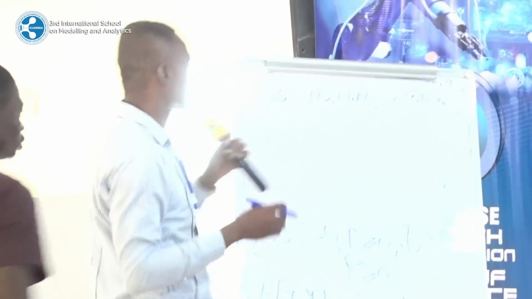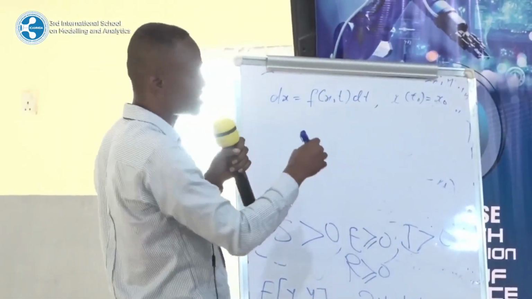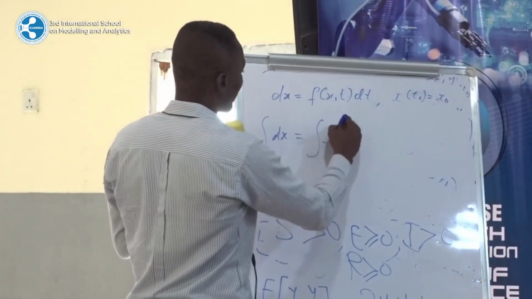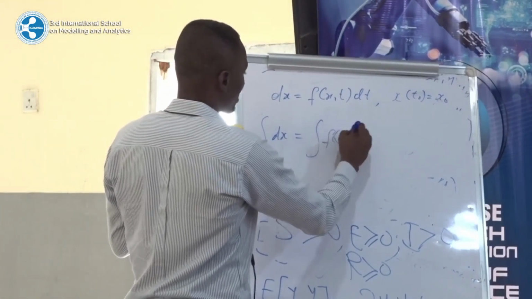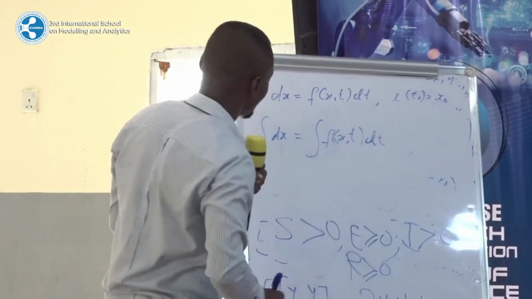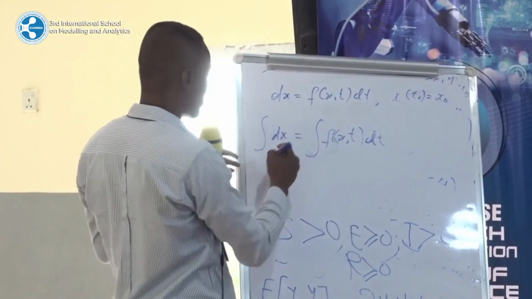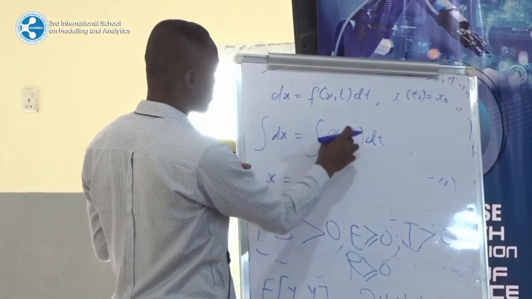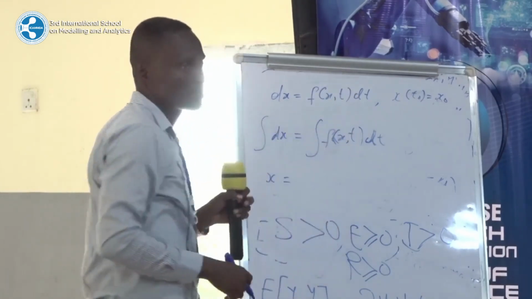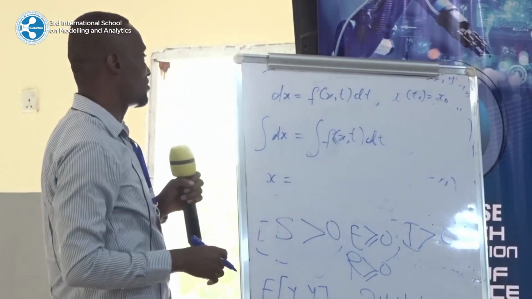Hello. Okay, so we'll take the integral of both sides. We'll have the integral of dx equal to the integral of f of x comma t dt. So when you integrate dx, you have x equal to, when you integrate this function, this is a function of a function. So you introduce what we call a dummy variable.